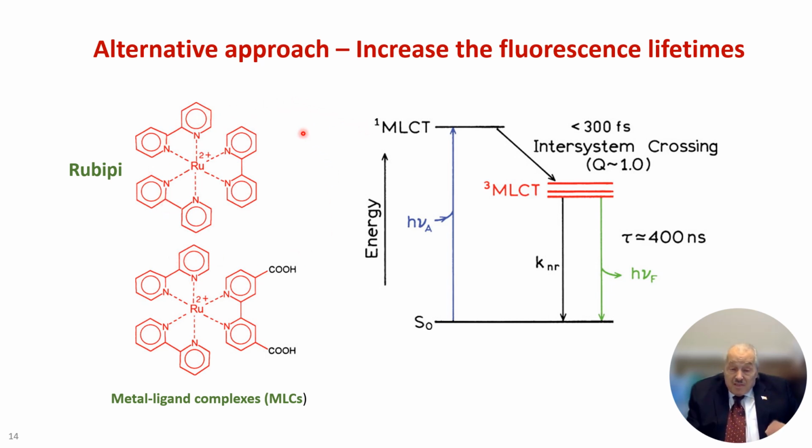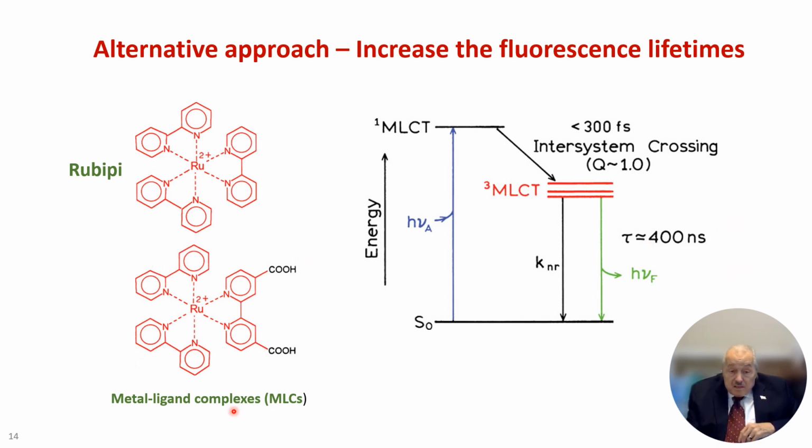The nickname for this is RuBiPi, and I won't even try to say the full name. And here's a dicarboxy RuBiPi. Many of them have lifetimes in the 400 nanosecond range. Groups are still arguing whether it's really a phosphorescent state or not, but whatever the metal ligand charge transfer state it goes to, it decays only slowly.